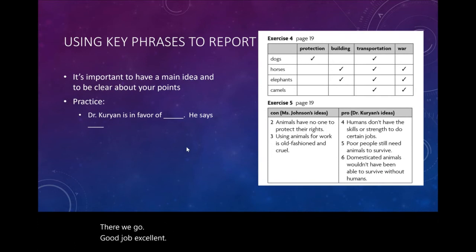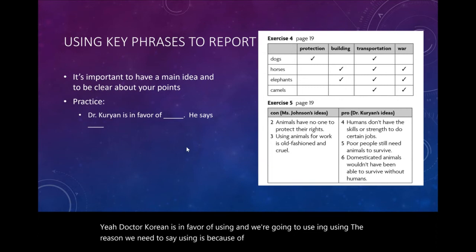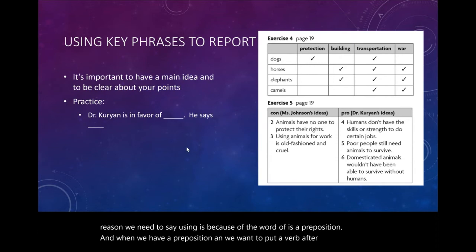Dr. Kurian is in favor of using, and we're going to use ing, using. The reason we need to say using is because of the word of. Of is a preposition, and when we have a preposition and we want to put a verb after it, it has to have ing.